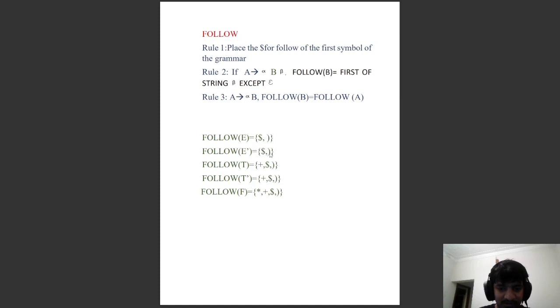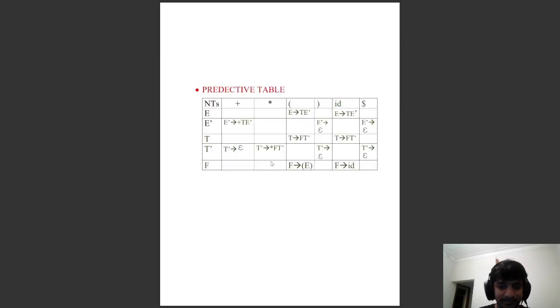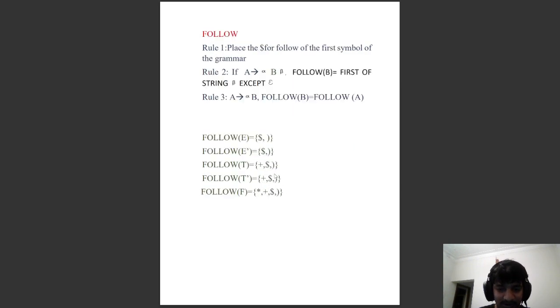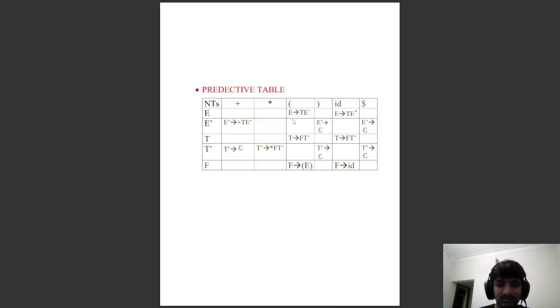So what is follow of E dash? This dollar sign and closing bracket. So you fill this grammar in the closing bracket and dollar sign section, that is E dash tends to epsilon, same grammar.